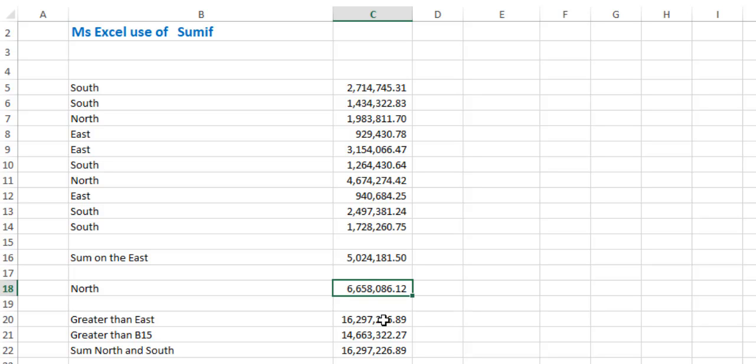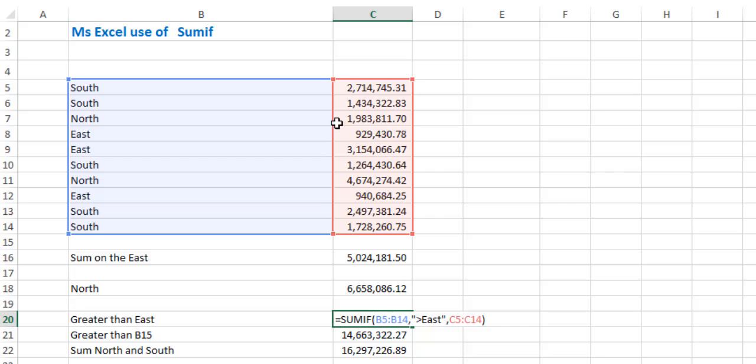Next we can use this formula like this. SUMIF B5 B14 comma greater than east comma C5 C14. The value which is greater than the value of the east we want it here.